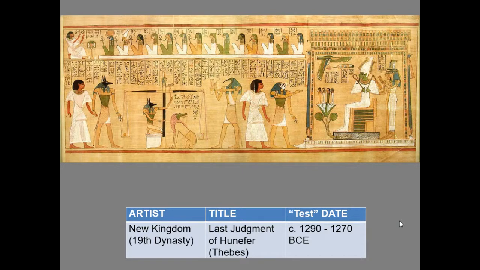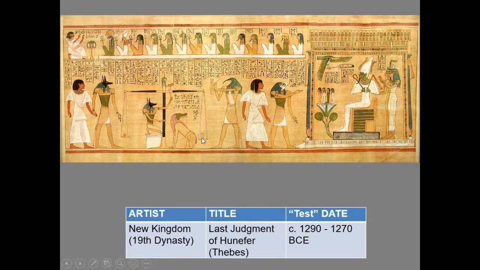What you're seeing here involves a bit of storytelling. In fact, Hunefer is depicted 3 times. Hunefer is here, but also here and here. And in this case, he's kind of presenting his case before the gods. Here, Anubis takes him to have his soul judged. There's his heart being weighed against a feather.